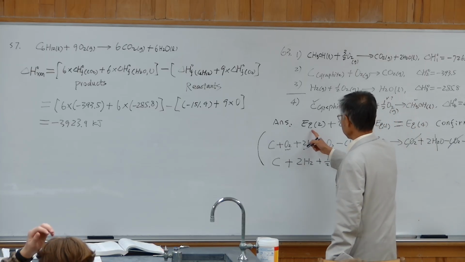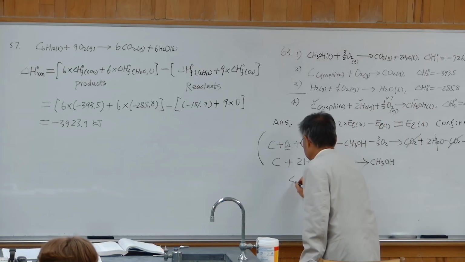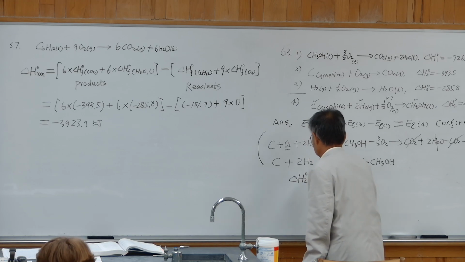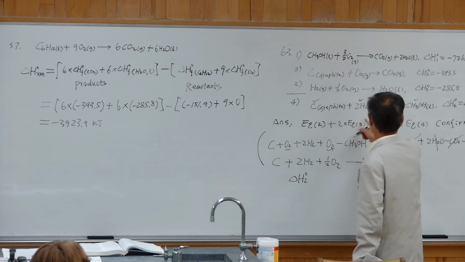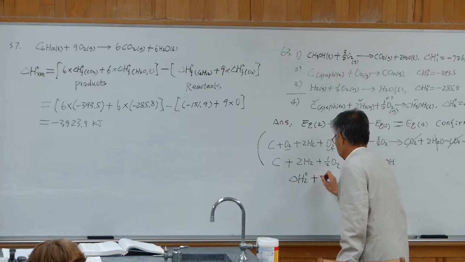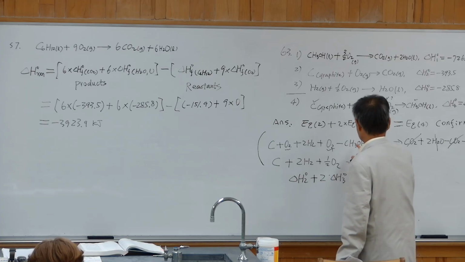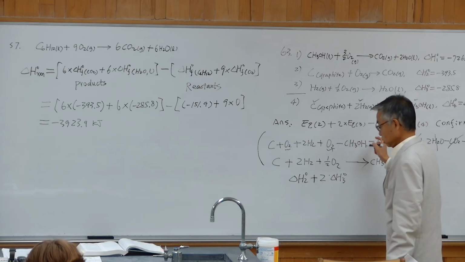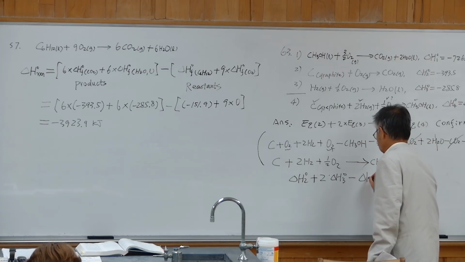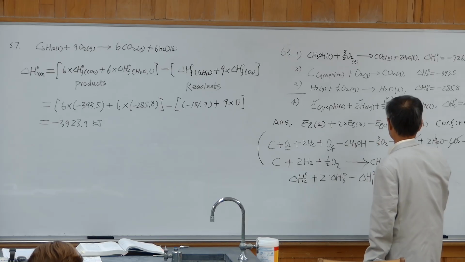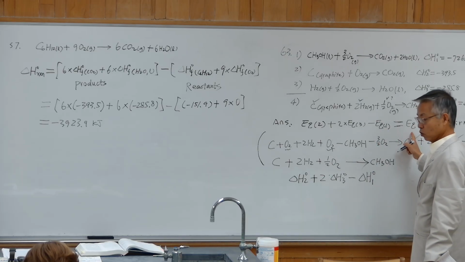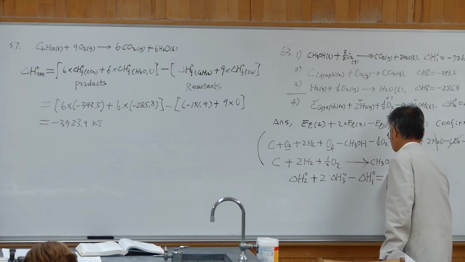From this formula, equation 2, this is delta H2. Equation 3, delta H3. Equation 1, delta H1. Equal to equation 4, then delta H4.